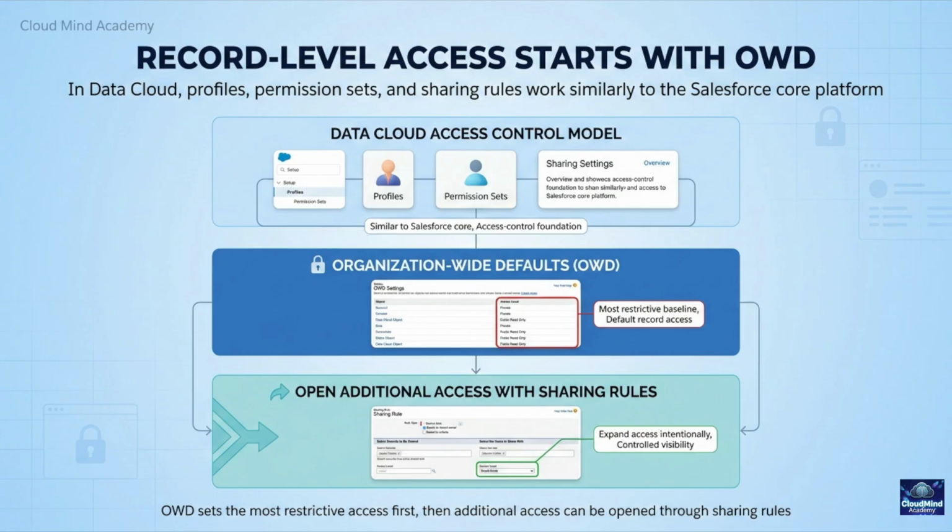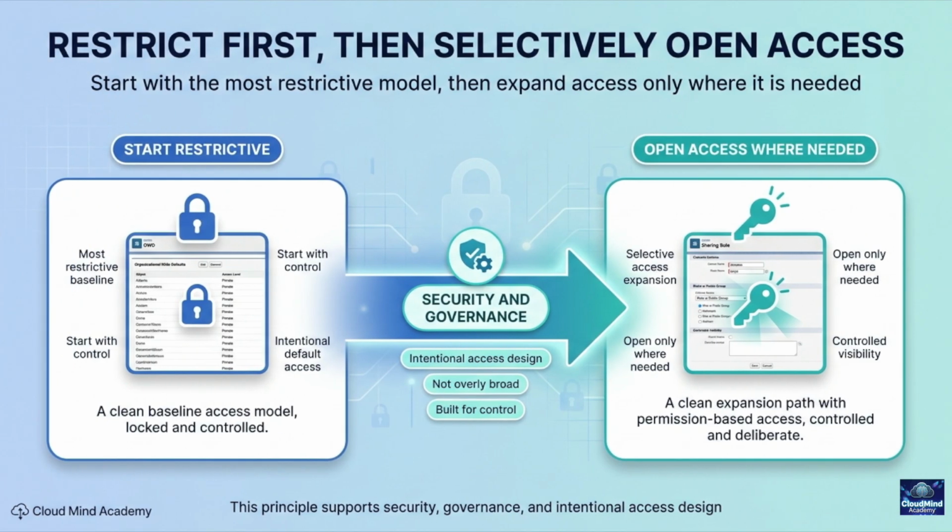Then, additional access can be opened up through other mechanisms, including sharing rules. This is an important concept in Salesforce administration generally. Start with the most restrictive model, and then expand access only where it is needed. That principle supports both security and governance. It helps ensure that access is intentional rather than overly broad.